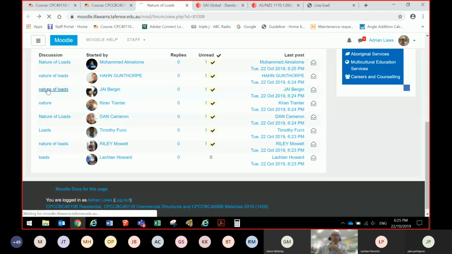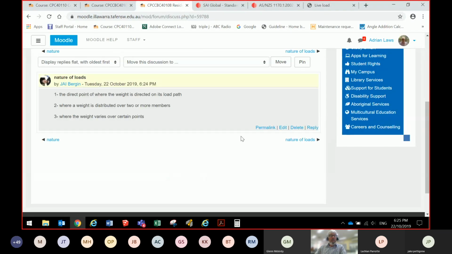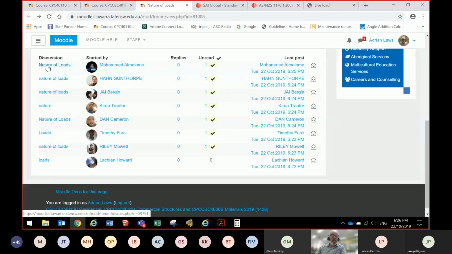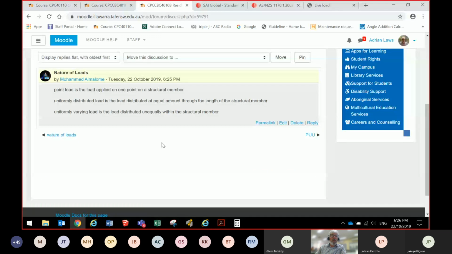Let's have a look at Jai. Yep, weight is distributed over 2 or more members. It's just that it's got to be evenly distributed. And if it varies, it'll normally vary evenly. Okay, they're the terms there, and we'll have another one here. You can see point load is a load applied at 1 point on a structural member.